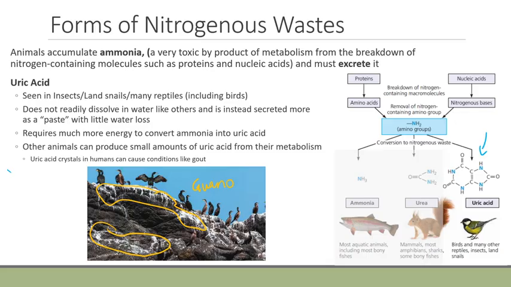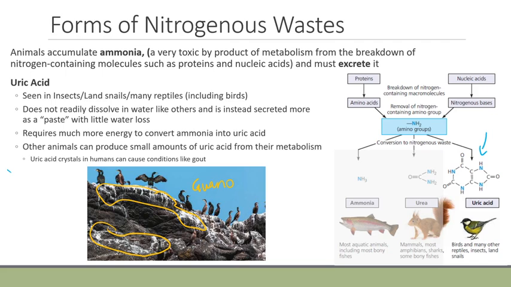Nice thing about it, though, just like how urea is less toxic than ammonia, uric acid is even less toxic. However, urea takes energy to convert from ammonia, and uric acid takes even more energy to convert.